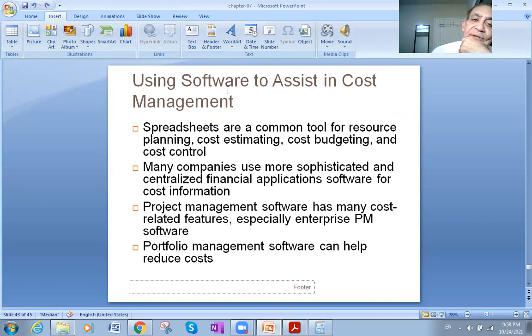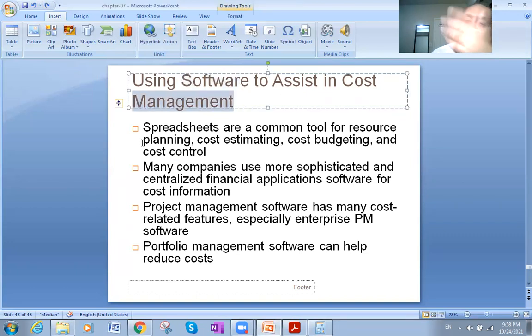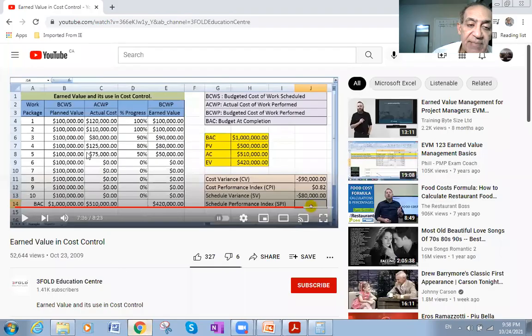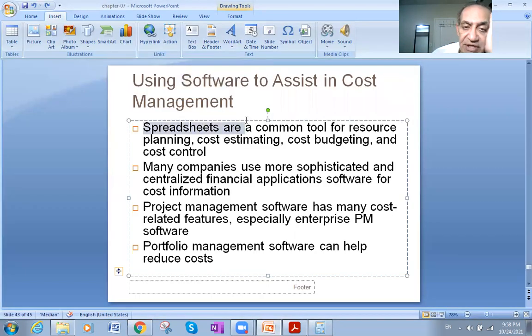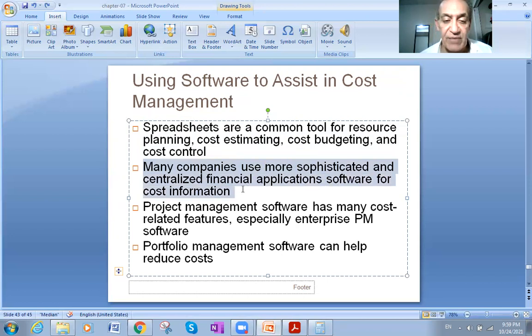Can we use software to assist in cost management? Yes, that's what we were doing just now in this example, using software to make all the calculations, on this Excel. Spreadsheets are common tools for resource planning, cost estimating, cost budgeting, and cost control. Many companies use more sophisticated and centralized financial application software for cost information.